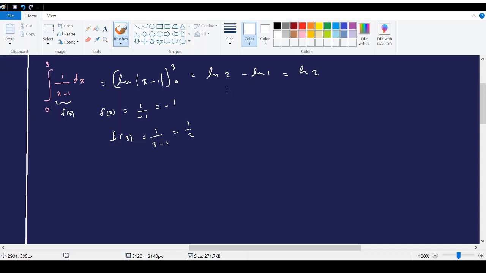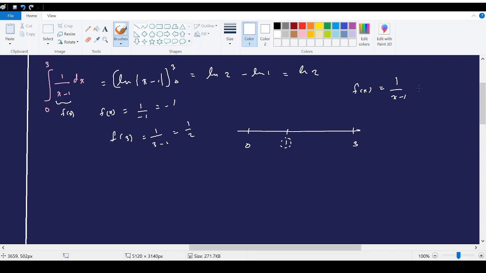But there is a very big issue with this calculation. The reason is, as we consider the range for the integral as 0 to 3, and since our function is 1 divided by x minus 1, you can clearly see that for a point in between 0 and 3, precisely it is 1, the function will have a vertical asymptote.